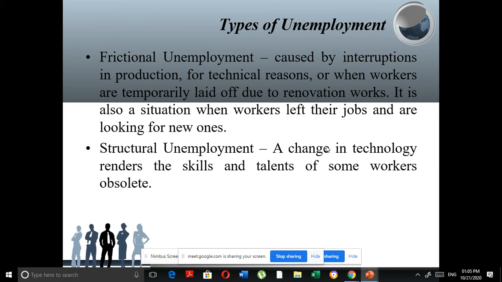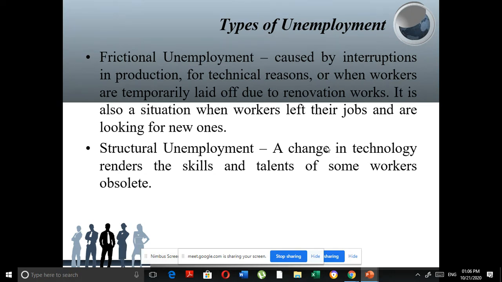So it is also a situation when workers leave their jobs and are looking for new ones. But I prefer the short one: frictional unemployment is the normal movement of workers from one job to another.